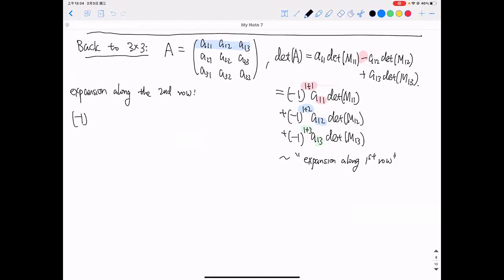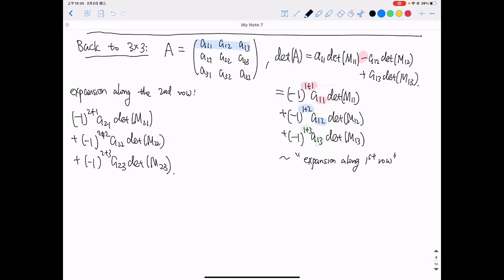There's a sign convention, minus 1 to the 2 plus 1, A21, that M21, plus minus 1 to the 2 plus 2, A22, that M22, plus minus 1 to the 2 plus 3, A23, that M23, right?